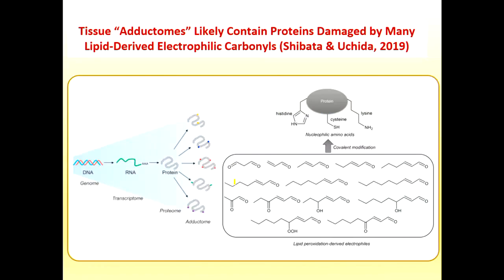Now, because there's such a soup of aldehydes formed during lipid peroxidation, and this diagram here from a recent study highlights about 15 or 20 of them, I think. Acrolein's in there, but you can see some of these other aldehydes as well. And you can see they can attack several different nucleophilic amino acids, lysine, cysteine and histidine, and form adducts. And it's the presence of these damaged proteins within cells that has given rise to this new field of science known as adductomics.